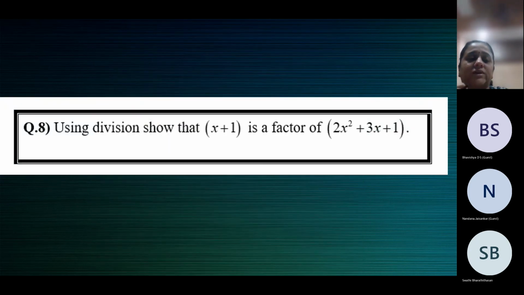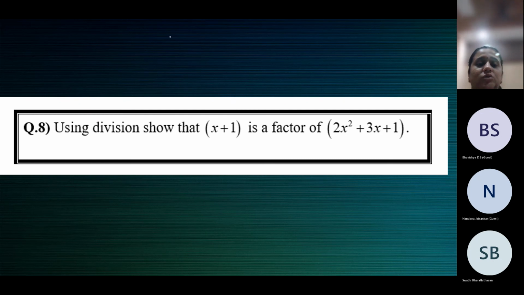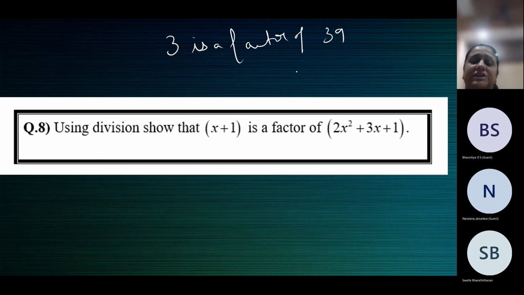Yeah, and work this division. Now, using division, show that x plus 1 is a factor of 2x squared plus 3x plus 1. Supposing I tell you using division, show that 3 is a factor of 39.